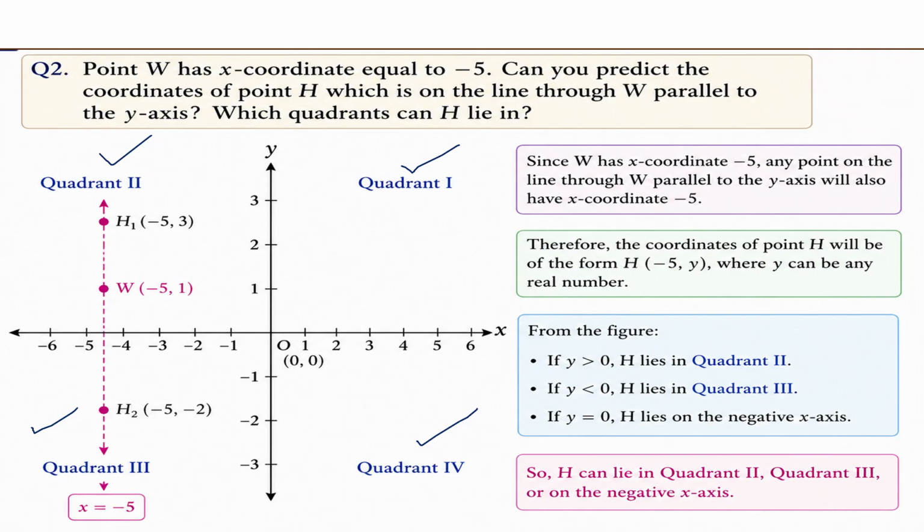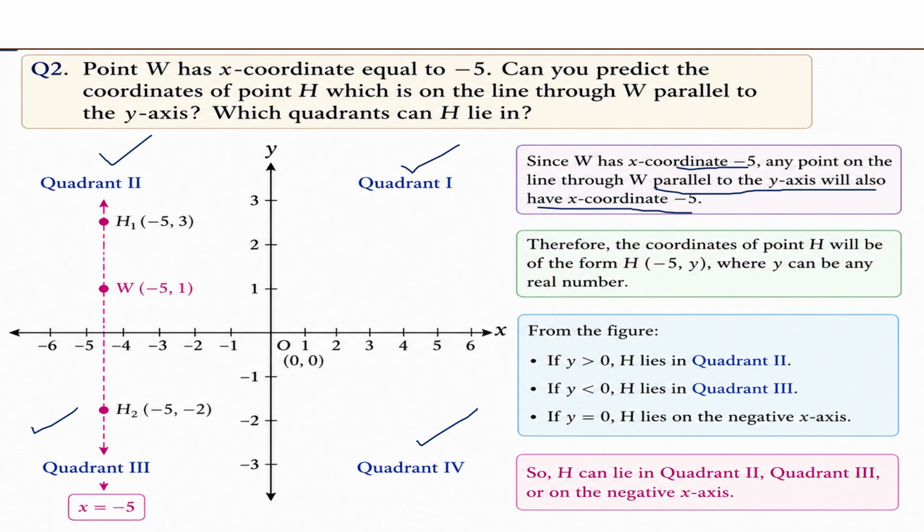Now point W has x coordinate equal to -5. So when we see the x coordinate equal to -5, we have taken it here. You can see the blue line. You can even draw it on -5 as well. Since W has x coordinate -5, any point on the line through W parallel to the y-axis will have x coordinate -5.